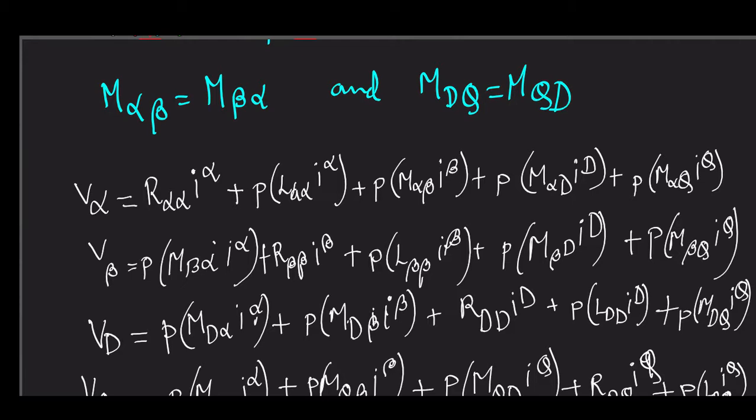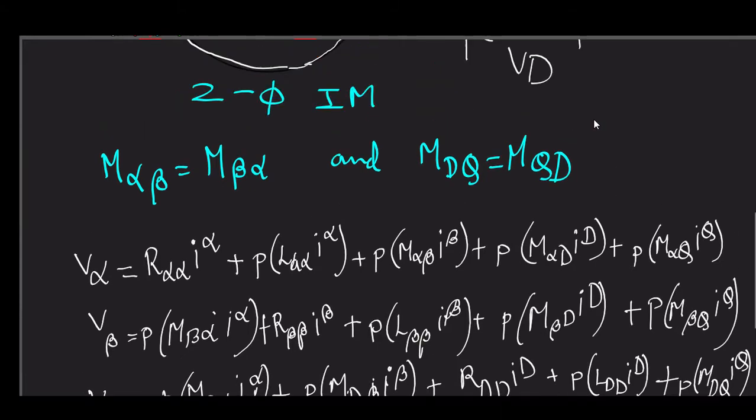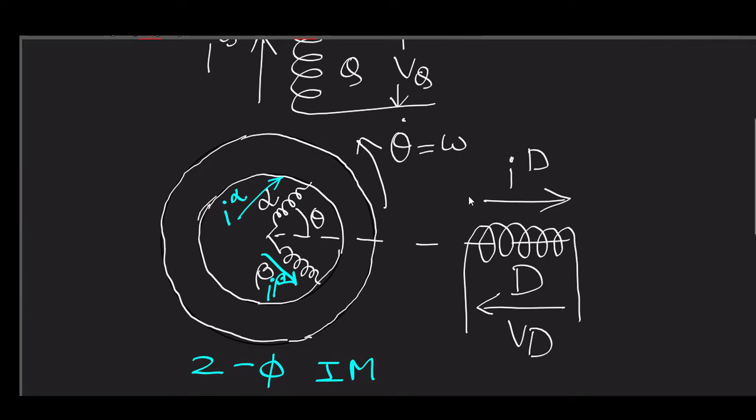They are at right angles to each other. Like if you see the construction, this D and this Q, they are in quadrature. Try to understand one thing: if you change Id, then what would happen? This will produce a flux line in this way.